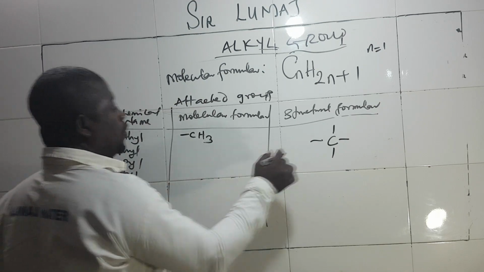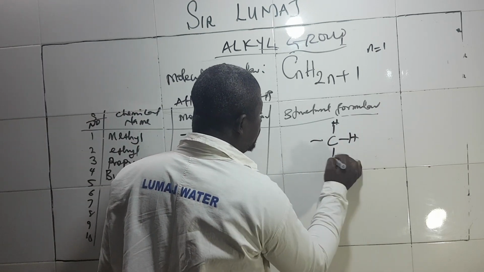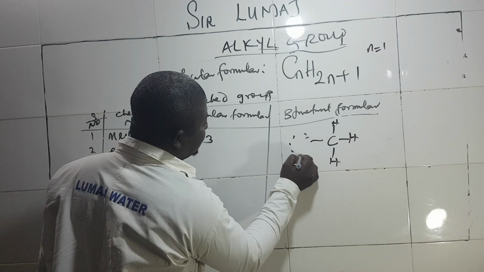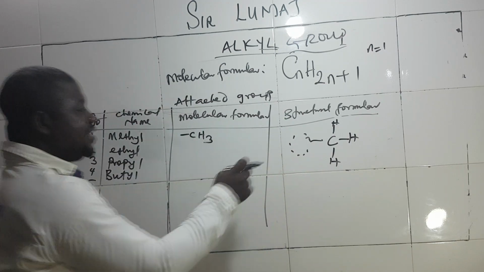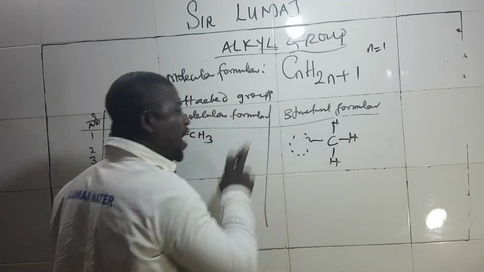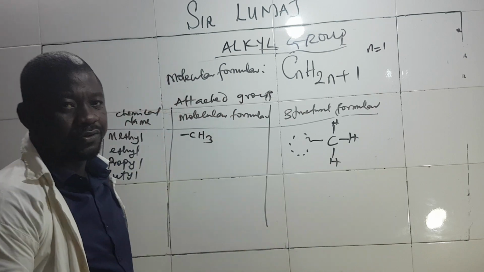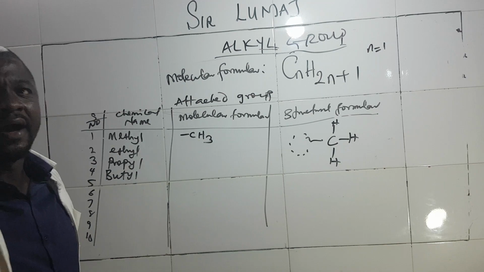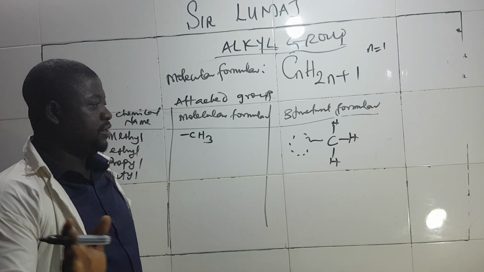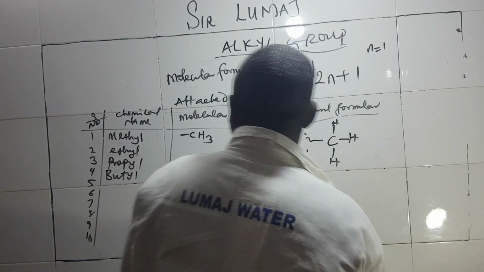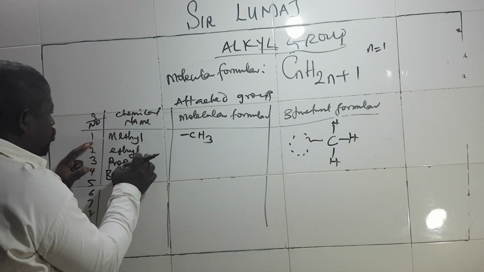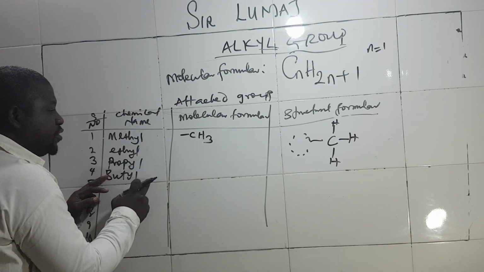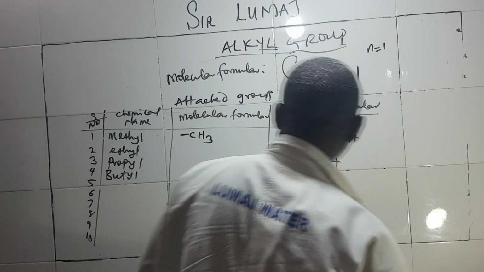How many atoms do you have here? 1, 2, 3. You can see this site is vacant. It is this site that they are going to use to attach to another compound, maybe by a substitution reaction or addition reaction. Is it clear? Fine. I will need you to do ethyl, propyl, and butyl as your own exercise.